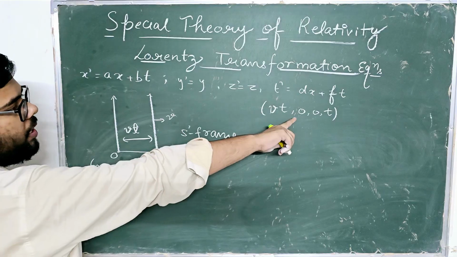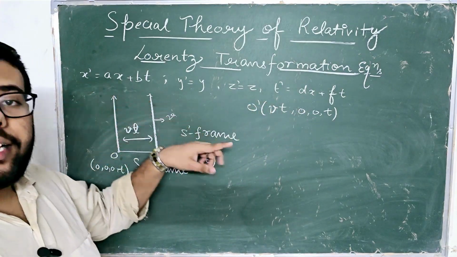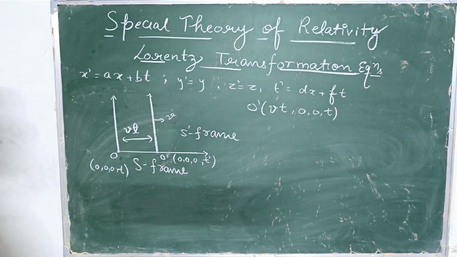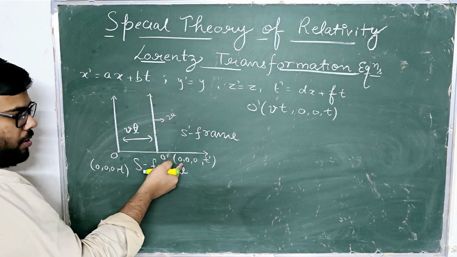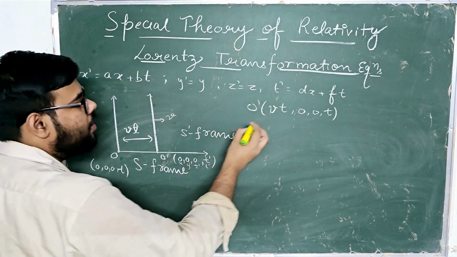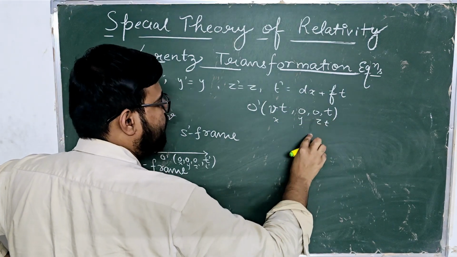So this is vt, and this is the coordinate. So O prime will be this according to the S frame of reference. Okay, so let's substitute it. So what is x prime? x prime is of course 0. This is x prime, y prime, z prime, t prime, and this is x, y, z, and t, correct?